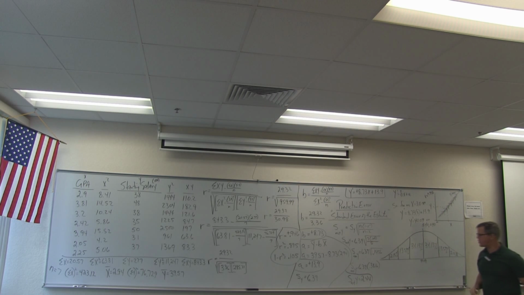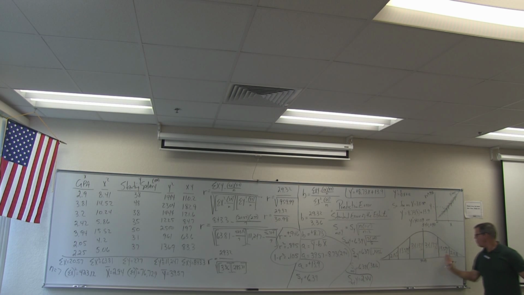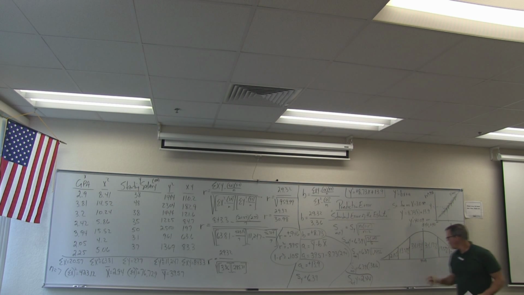And we're going to treat this standard error of the estimate just like we would any other form of S. We're going to go out addition-wise this way, back subtraction-wise this way.